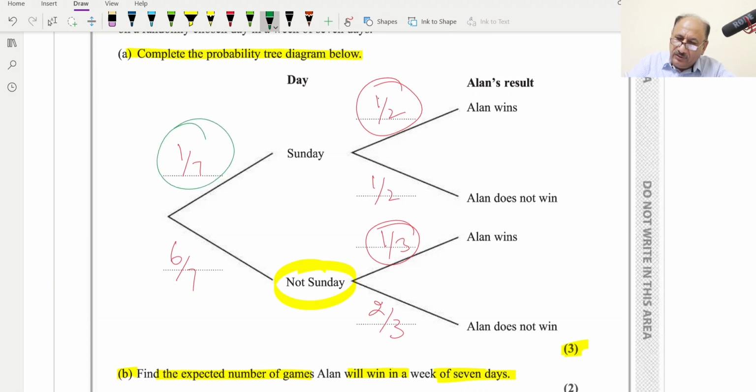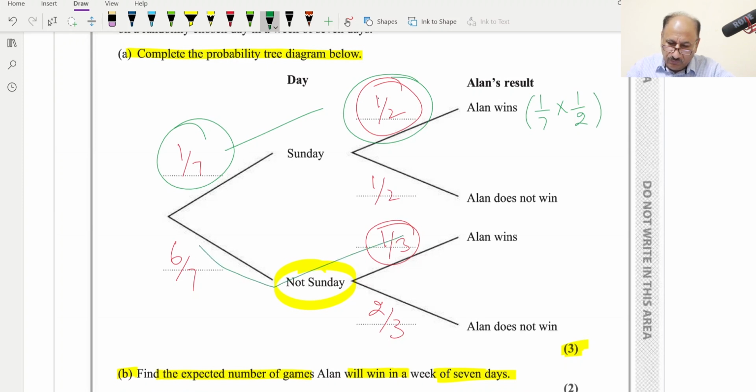This one will be win. This into this will be win. So we can write 1 over 7 into 1 by 2 for this branch. And then win will be this one for this branch. So it will be 6 by 7, 6 over 7 into 1 by 3.